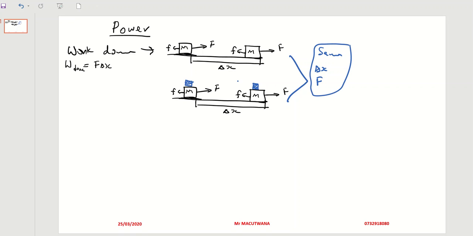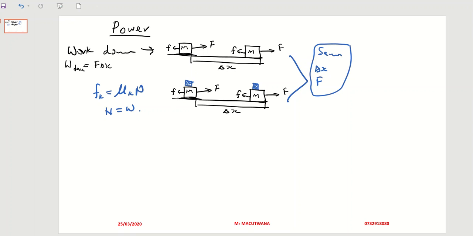Definitely you would agree with me that if you add another object here, frictional force is going to be affected because Fk is equal to mu k times normal force. Whereas normal force is equal to weight, so once you add another object on top of this object, the mass increases.